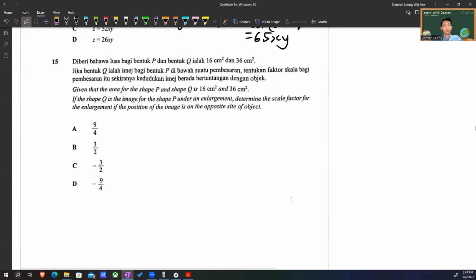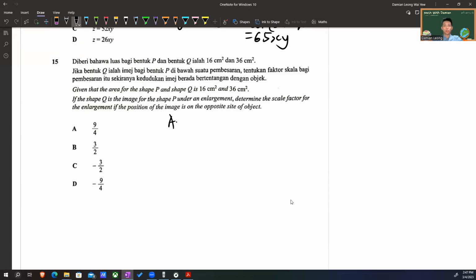Question 15. If the shape Q is the image for shape P under an enlargement, area for shape P is 16 cm square, area for shape Q is 36 cm square. So I want the scale factor for the enlargement. So Q is the image.